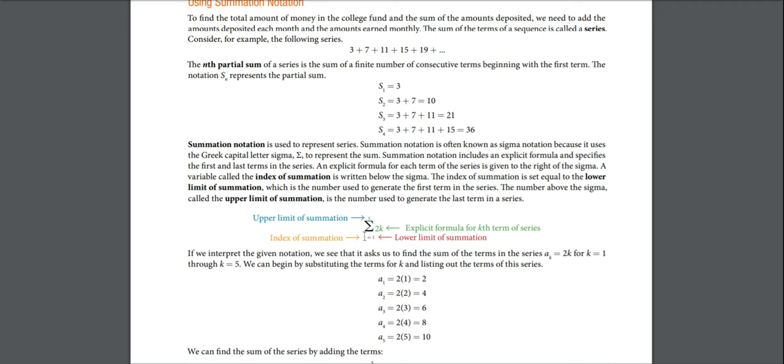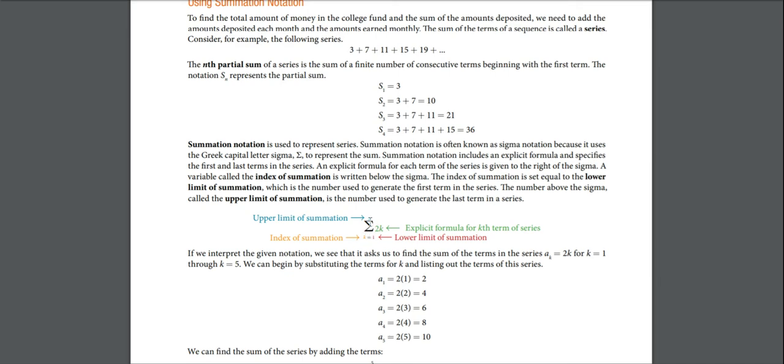So in this case, it says K. A lot of times we use N, or I is also really common. Not in this chapter, but in math in general. Having I as your index of summation is really common, which is not surprising because it's called an index, and so the first letter of index is I. So people like to use I.